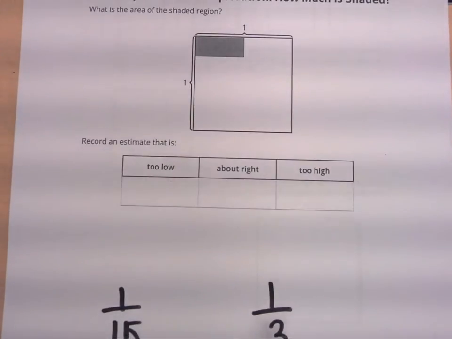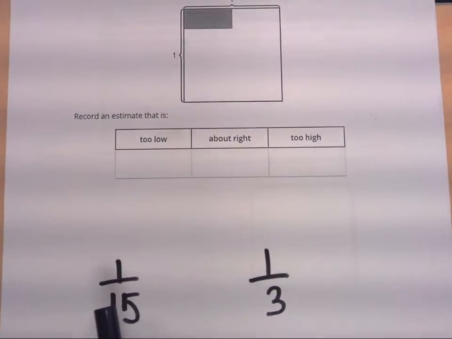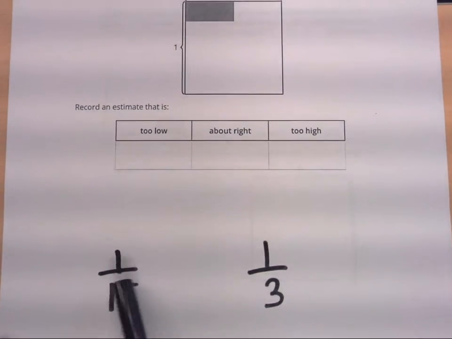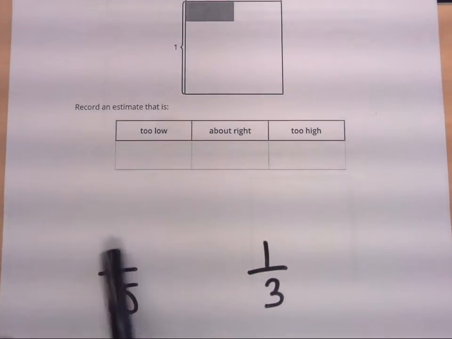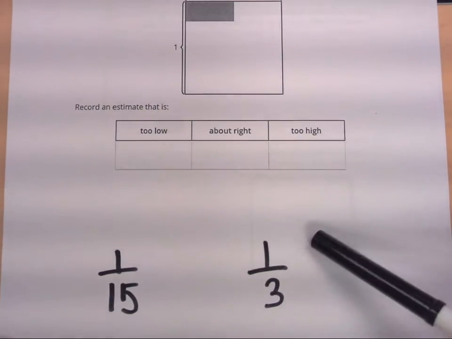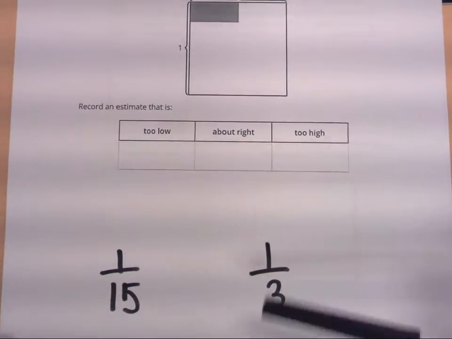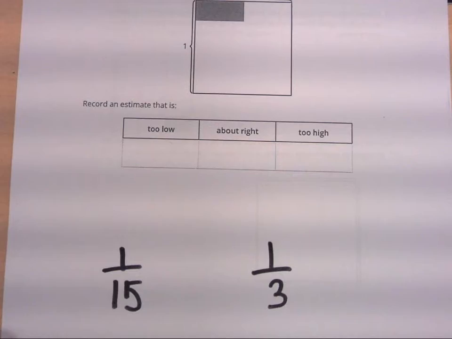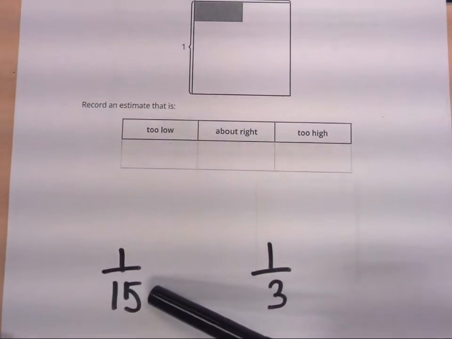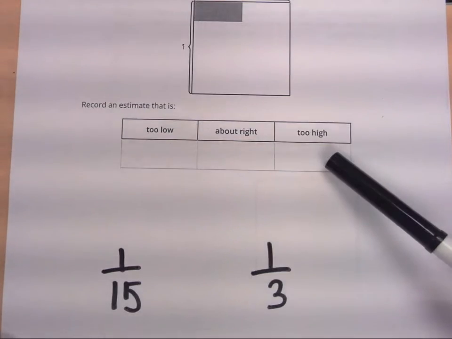And so this idea that 1/15 would be too high of an estimate is actually informed by misunderstanding what the value of this fraction would be in comparison to an actual larger fraction like 1/3. And so many students have been taught that the bigger the denominator, the smaller the fraction.